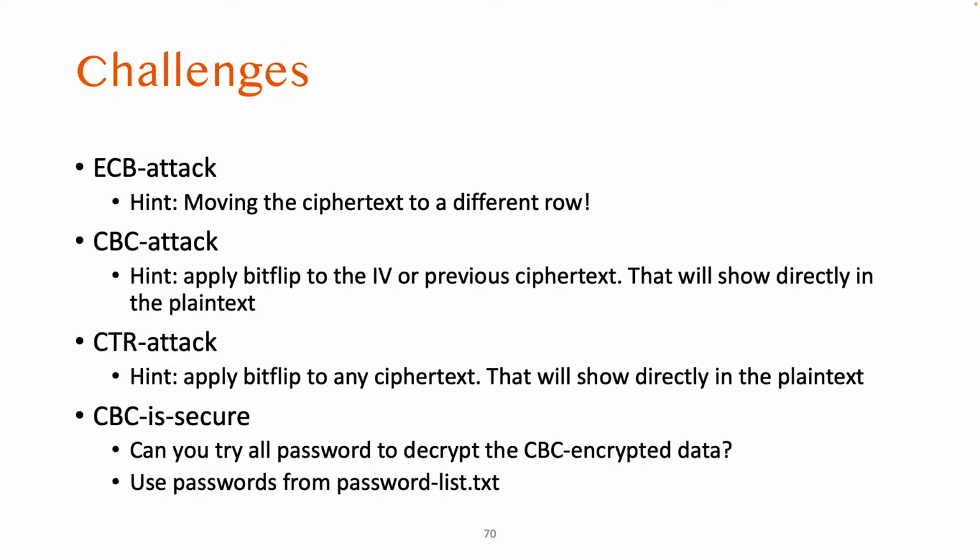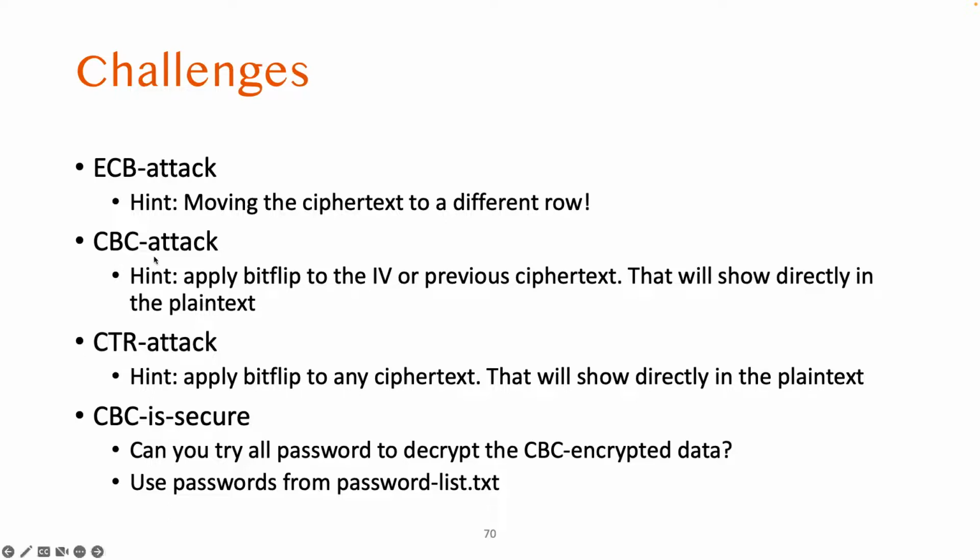The challenges that I prepared are all about these block cipher modes. The ECB attack is one example: if you switch the rows, you can make certain ciphertext decrypt correctly in a different location, so you can change the UID, is-admin, or password accordingly.